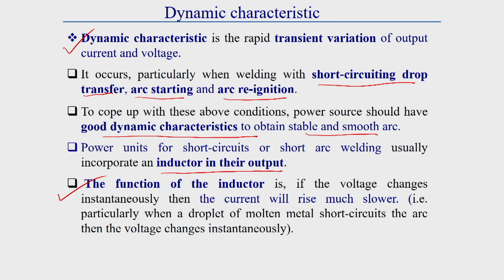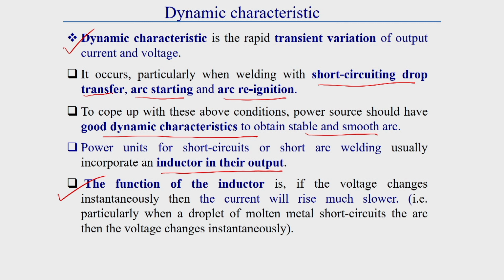Now, if the current surge is more, then what will be the problem? If the current surge of an arc is high, there is a chance of high electromagnetic forces. We know that if current flows, some electromagnetic force is generated around the arc.